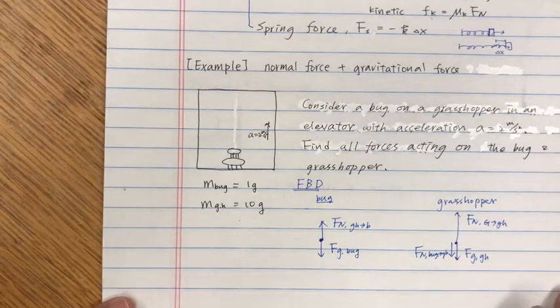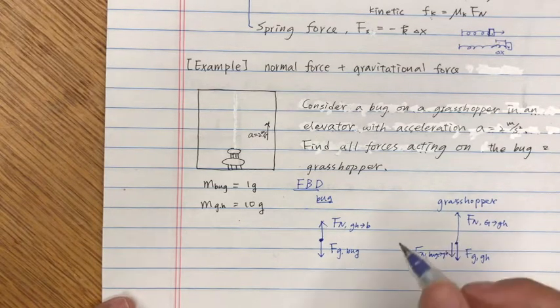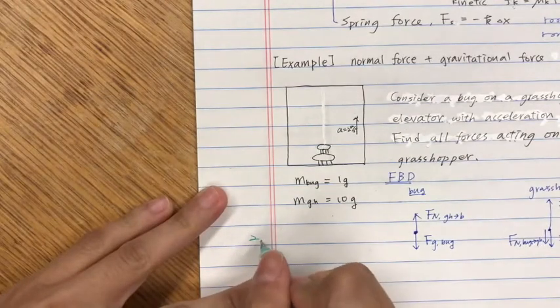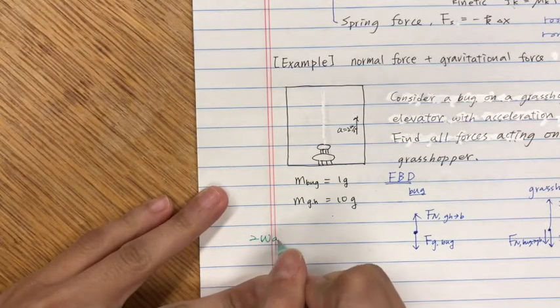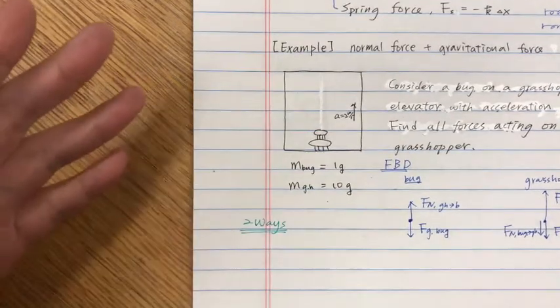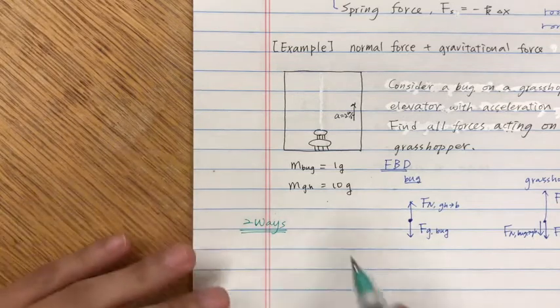Okay, once we're done with this, we can apply Newton's law. But before we apply that, let's see how much we can get out of definition. Remember we said that in problem solving, there are two ways to approach a problem.